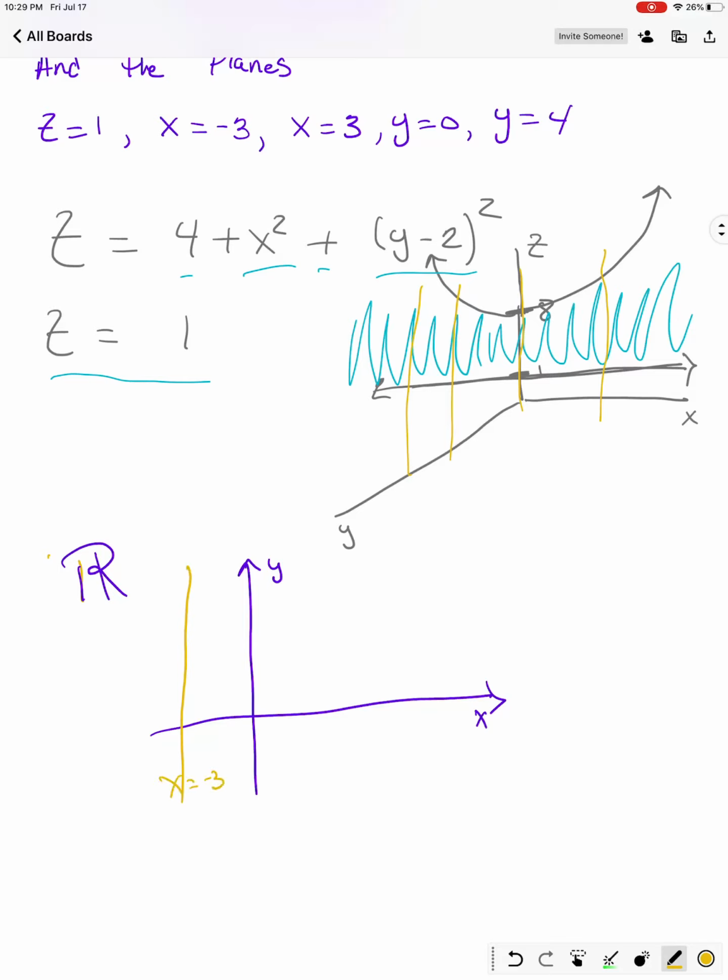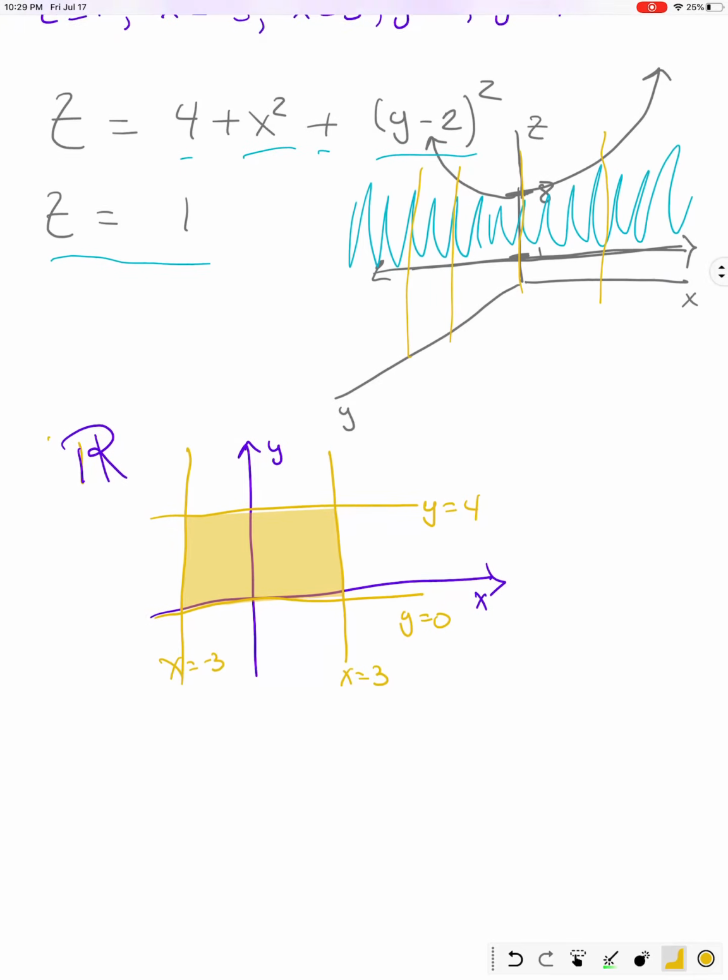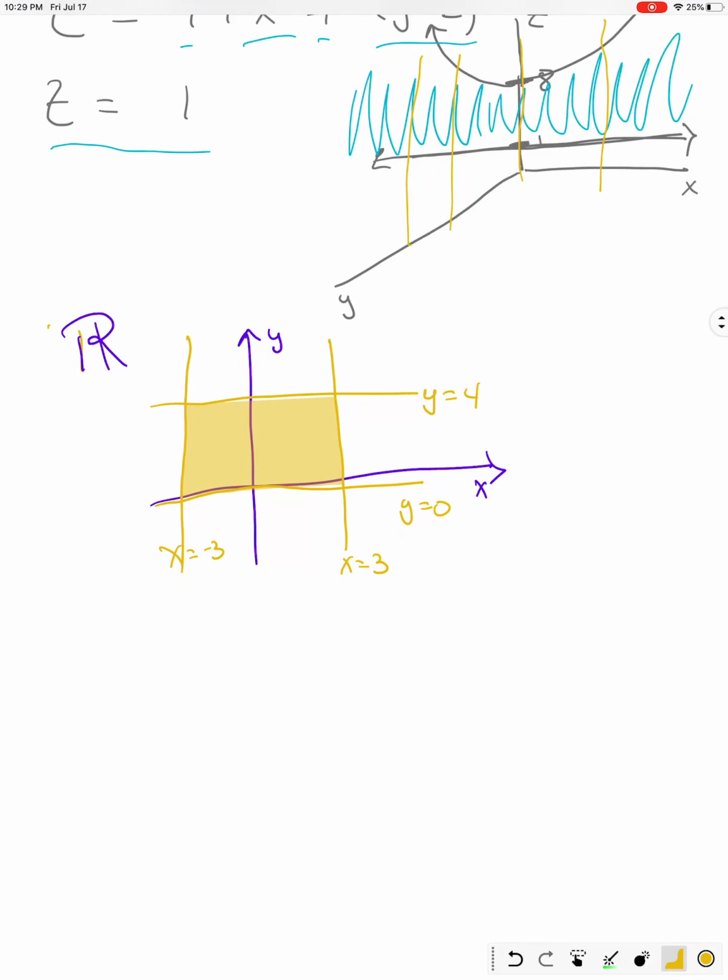So this is x equals -3, and this is x equals +3. And y is equal to 0, so this is y equals 0, and y equals 4, so this is y equals 4. So that is my picture of the xy plane in its region.